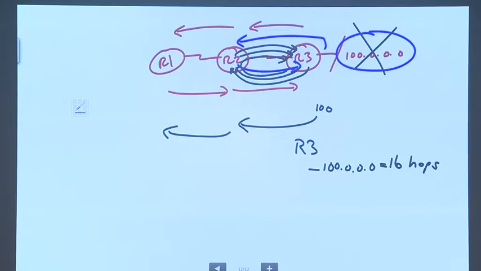Wait a minute, we don't have 16 hops. In other words, it's an infinite distance away. You'll never get there from here because it no longer exists. So this is called counting to infinity. That would be one of the other mechanisms that we have for loop protection. Loop protection becomes real important both at the switch level and at the router level so that we end up not crashing that particular system that we have.